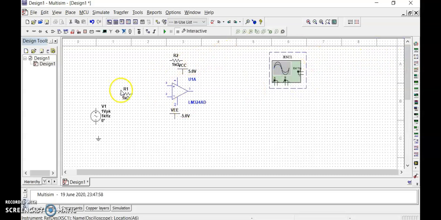Now make the connections among these according to our circuit diagram. So I am connecting this one. Like this, make all the connections.